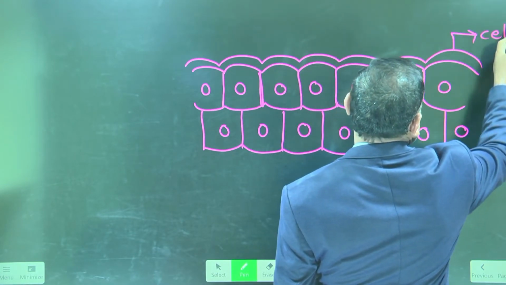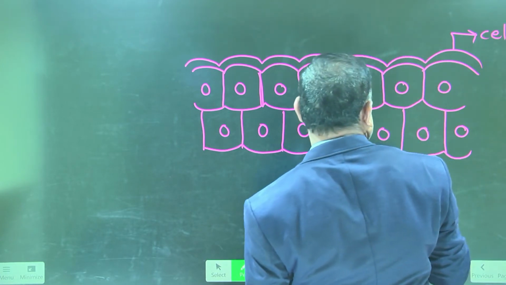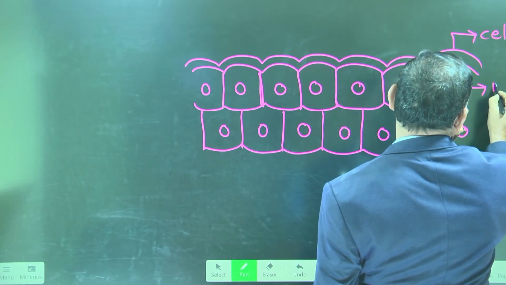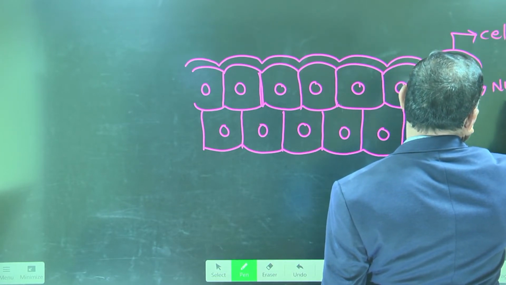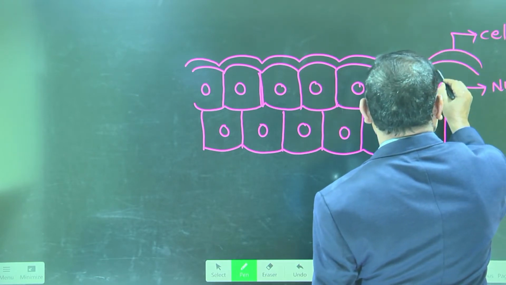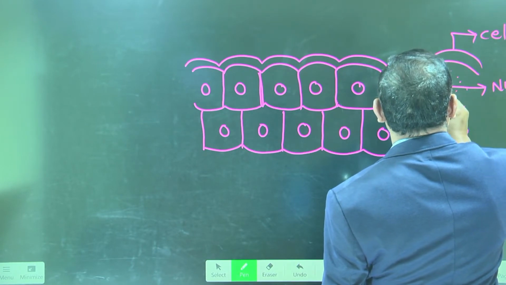Cell wall. Cell wall is present, so that's why this is a plant cell. What is this round structure? This is called the nucleus. In that you can see a semi-solid homogeneous material.